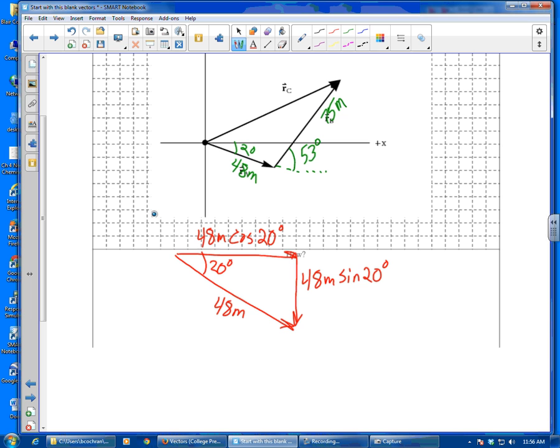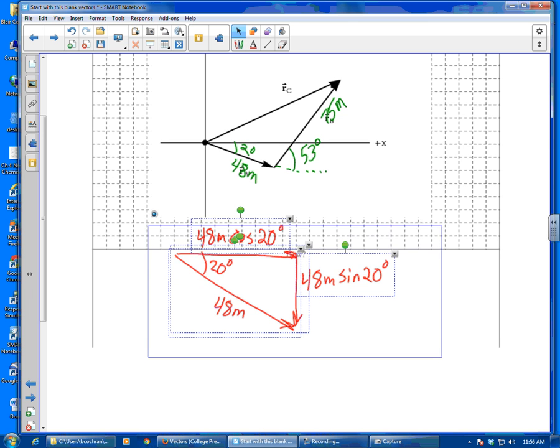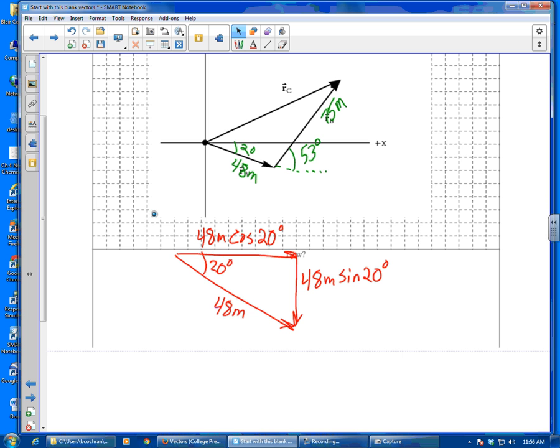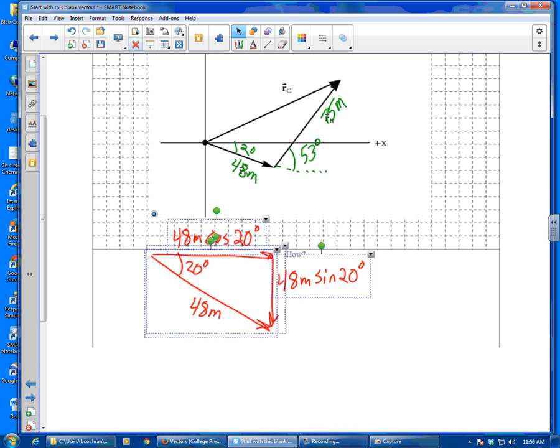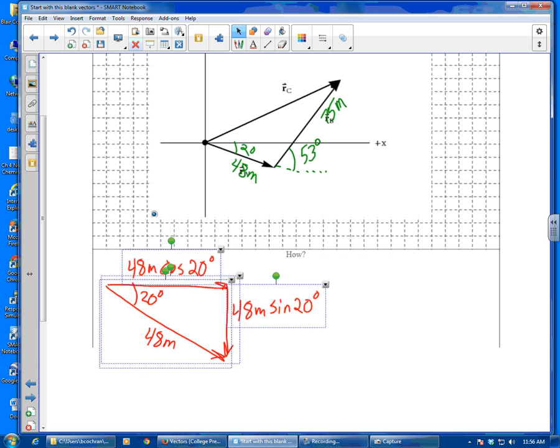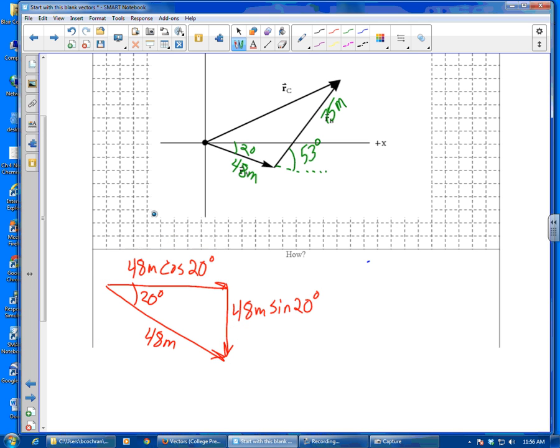It's a good thing to notice. I'm going to do the same thing for my other vector here, r sub b. In fact, I'm going to move this over so that I can do r sub b over here.